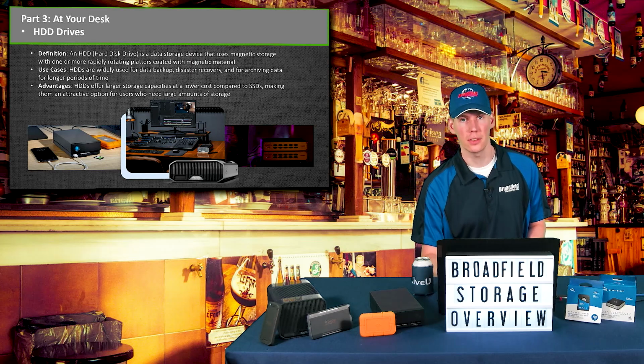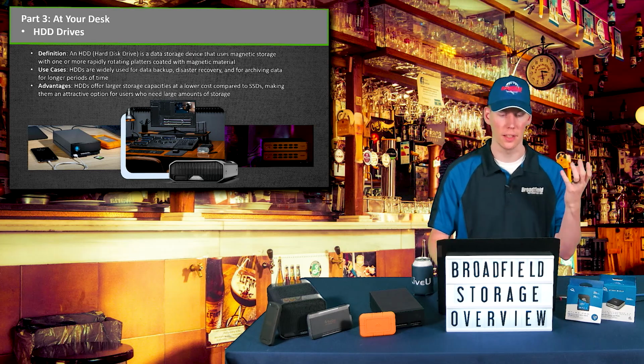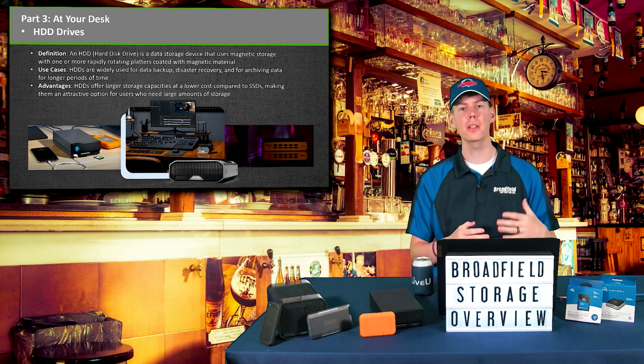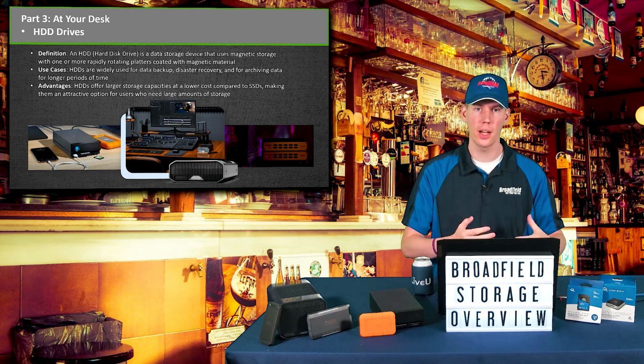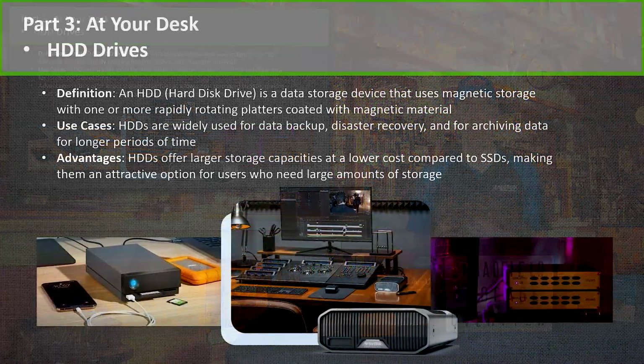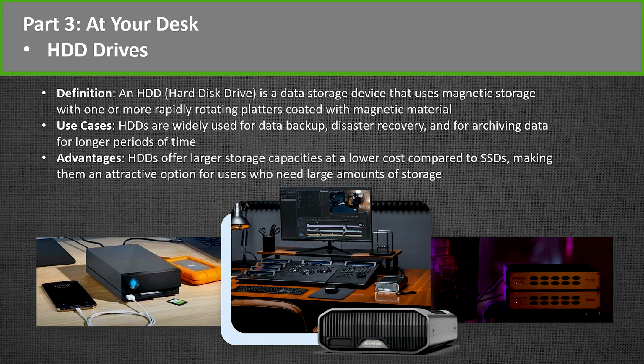So when it comes to desktop drives, there are, again, HDD drives. A spinning disk drive is typically going to be used for archiving and storage, not necessarily for editing off of. These drives are a little bit cheaper typically, but because they're cheaper, you can get more storage.